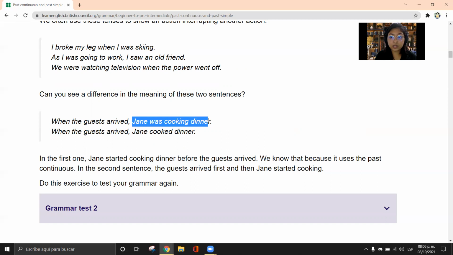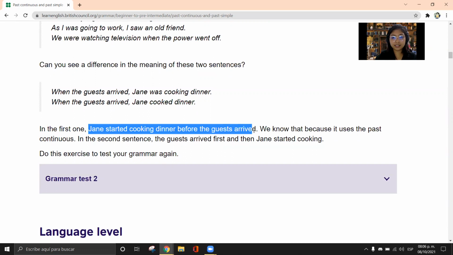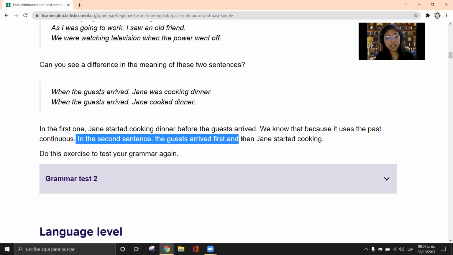But the other sentence is in continuous or in simple form. Let's look at the difference. In the first one, Jane started cooking dinner before the guests arrived. We know that because it uses the past continuous. In the second sentence, the guests arrived first and then Jane started cooking.